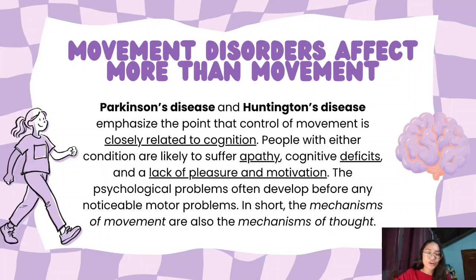So, Parkinson disease and Huntington's disease emphasize the point that control of movement is closely related to cognition. Of course, the brain dominates, so once the parts, nerves, or connections are damaged, not only movement will be affected.